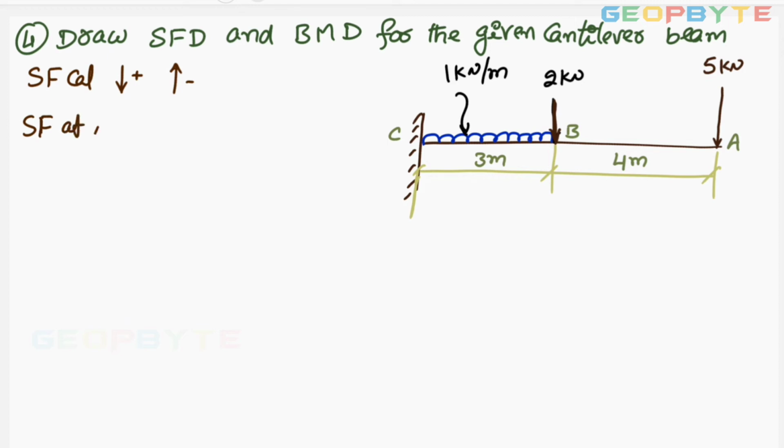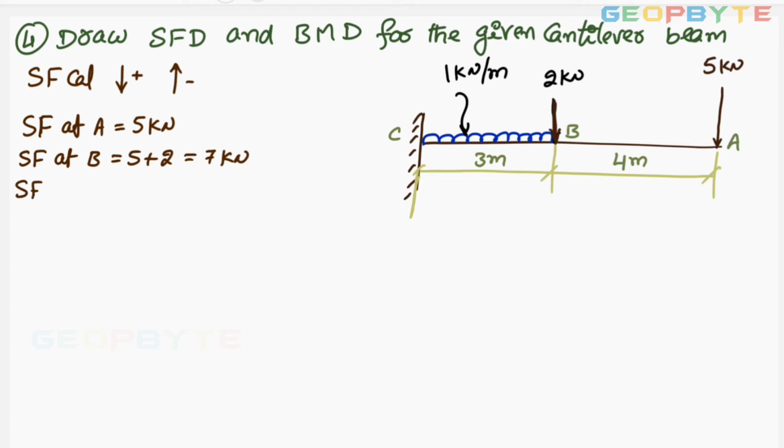Shear force at A is equal to, at A the downward load is taken as positive, 5 kilonewtons. Similarly, shear force at B is equal to, already 5 kilonewtons is there, plus at B 2 kilonewtons, is equal to 7 kilonewtons.